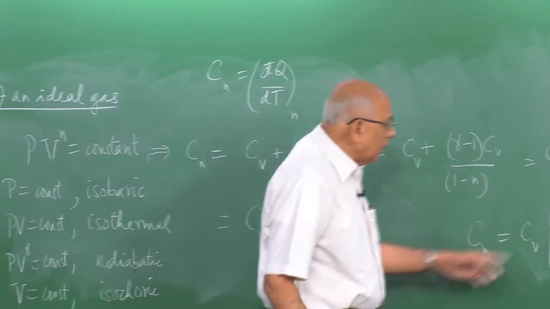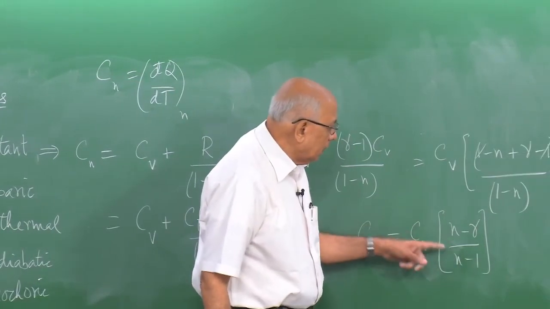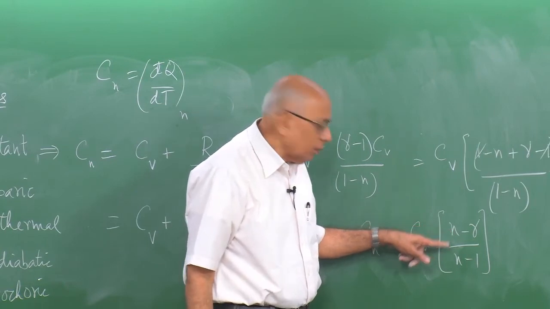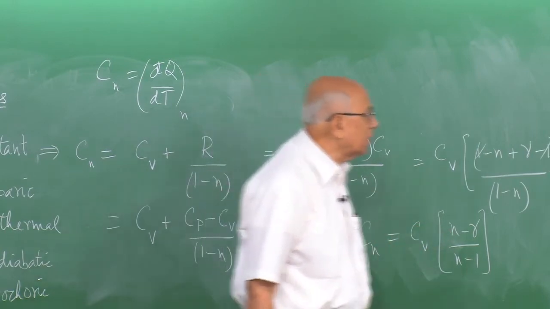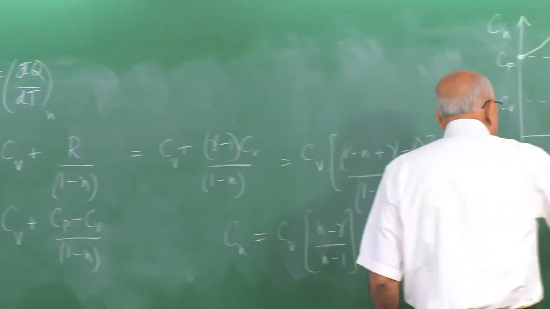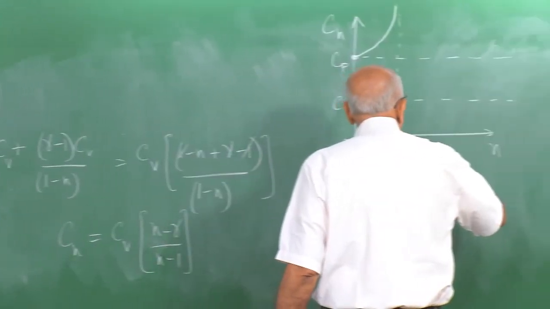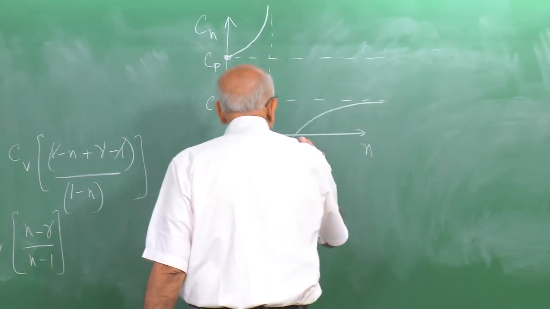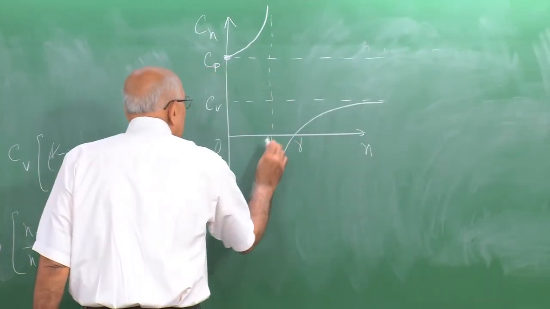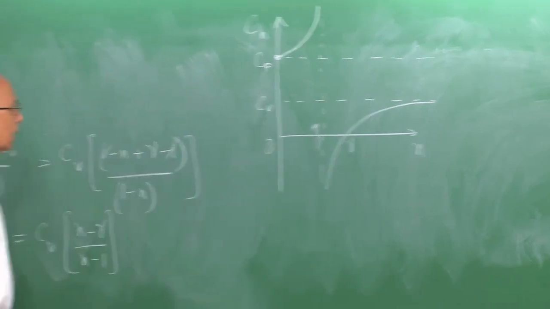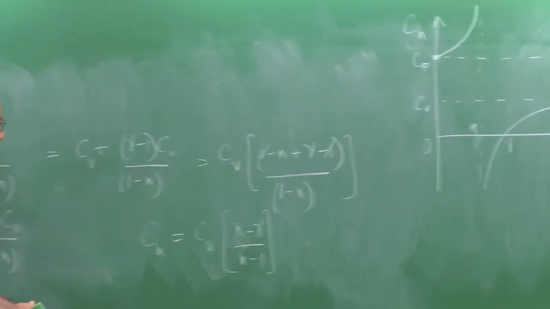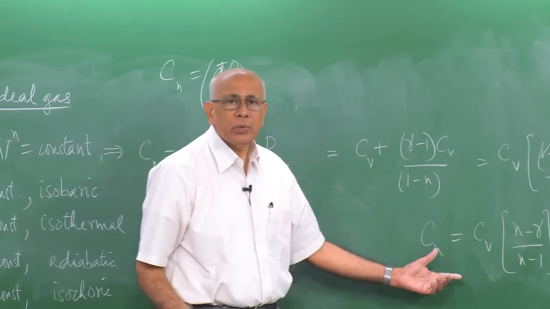When n is between 1 and gamma, this numerator is negative but the denominator is positive, so C is actually negative, C sub n is negative. So it starts off at minus infinity here, crosses this axis at the value gamma, this is the value 1 out here, and it tends, as n tends to infinity, to Cv, the value Cv here.